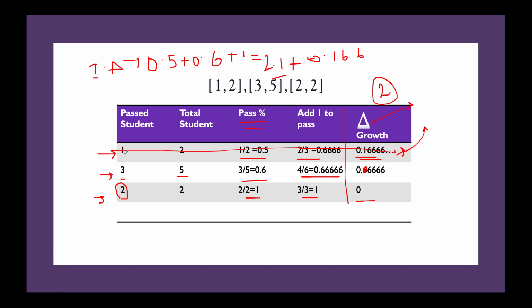That would be 2 by 3, since you added one element to this, and the pass percentage ratio will become 2 by 3, which is 0.66. If I add one more to it, what will be the passing percentage? It would be 3 by 4, so 0.75. And what would be the growth?